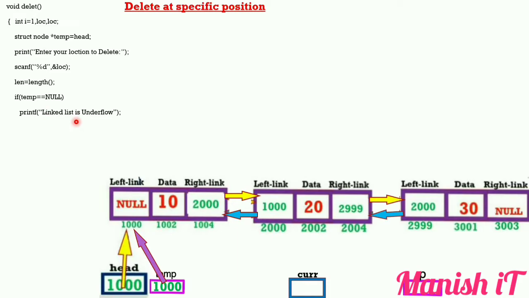So it simply gives a message to the user, linked list is underflow, means empty. Once again we have to use an else if condition. In that condition we have to write our logic like location is greater than length, or location is equal to 0. Suppose the user has entered location 5, but in this situation there are only 3 nodes. So our compiler gets confused, that's why we need to write our logic like this.